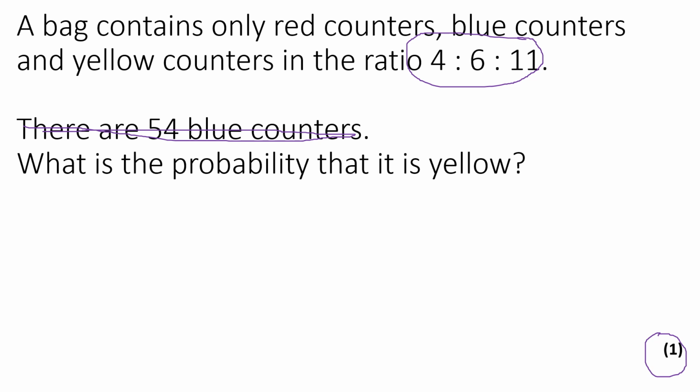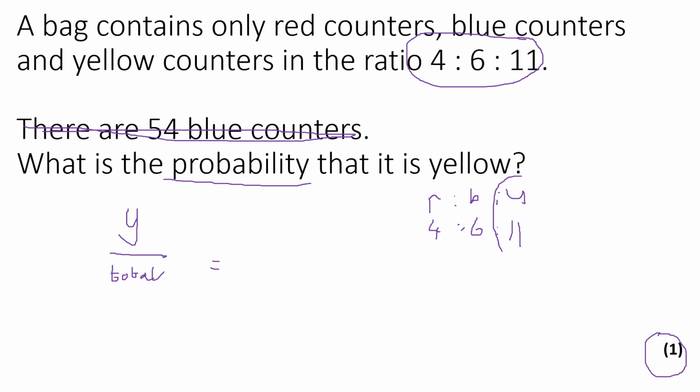What we are going to need, because it's talking about probability, we are thinking a fraction. So I need yellow over the total. So I have got, if I look at my ratio again, red was 4, blue was 6, and yellow was 11.